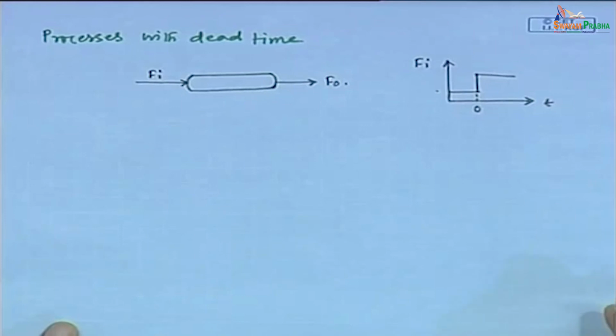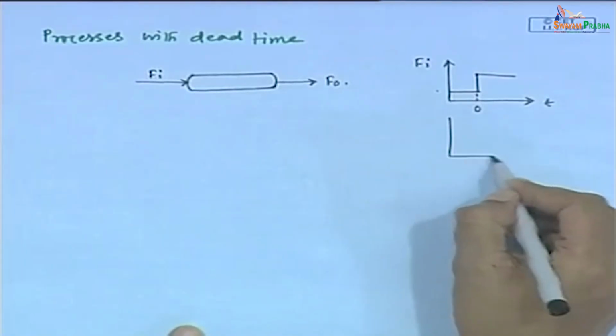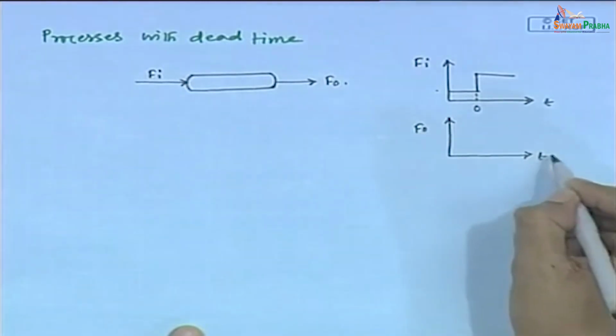Fine. So suddenly we cannot get any change in the output F naught. If we give a step change at time t equal to 0 in Fi, at that time instant we cannot get any change in F naught. So we can also make one plot for F naught versus t.